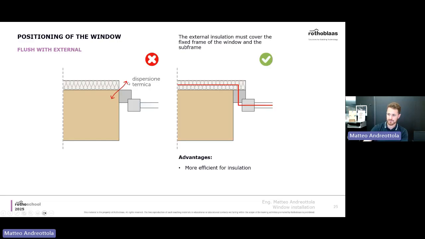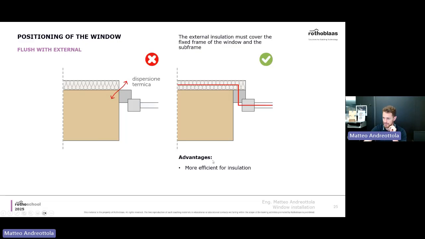Otherwise, if you do something like this, if you stop your insulation before, you see that you have the cold bridge. A better idea is to set back the window a little bit, like I'm showing you right now in the picture, and it's better to place the insulation on top of the window fixed frame.